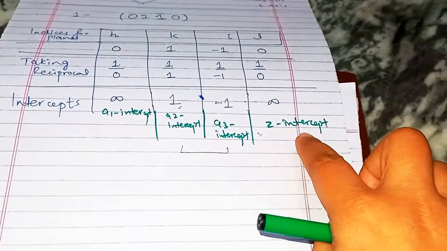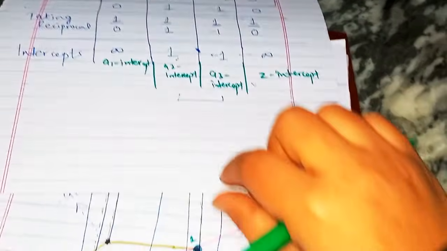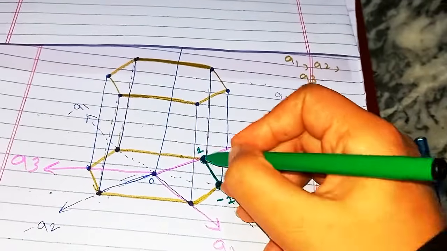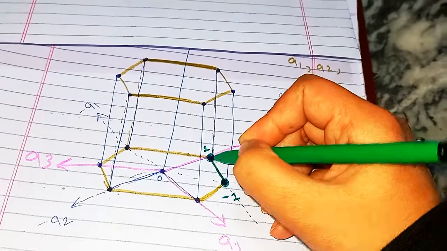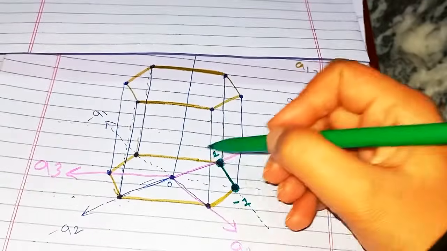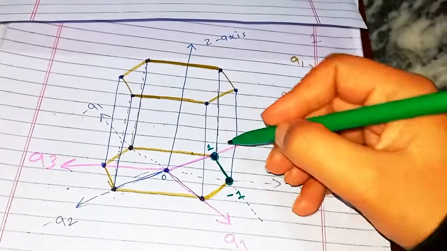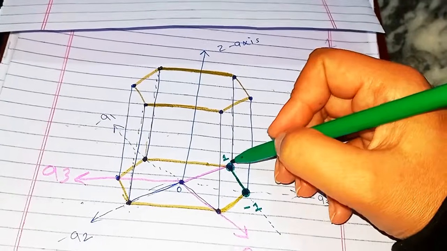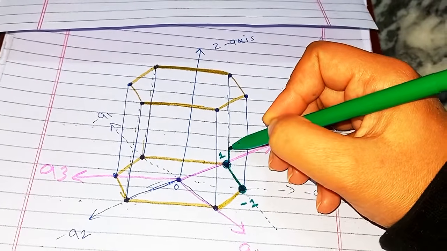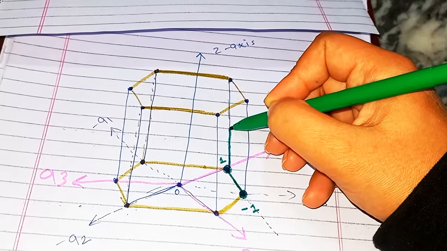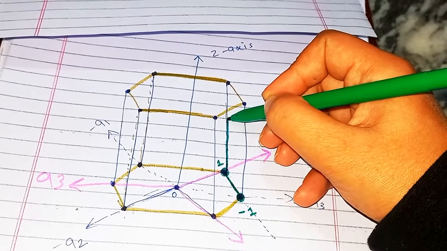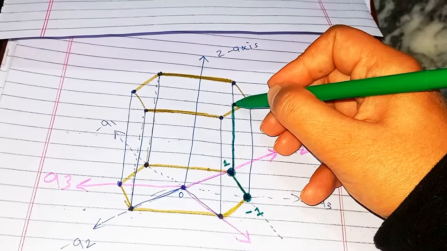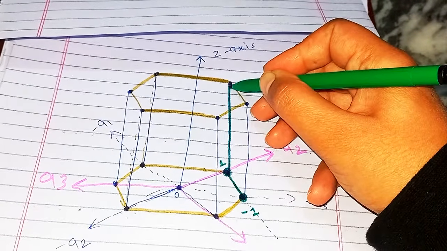Now the next is the intercept which is infinity. So these are the 2 points that we have determined. We'll draw parallel lines to the z direction. The z direction is vertically upward. So from these points, we'll draw parallel lines along z direction, and we'll stop at the other corner of the unit cell.